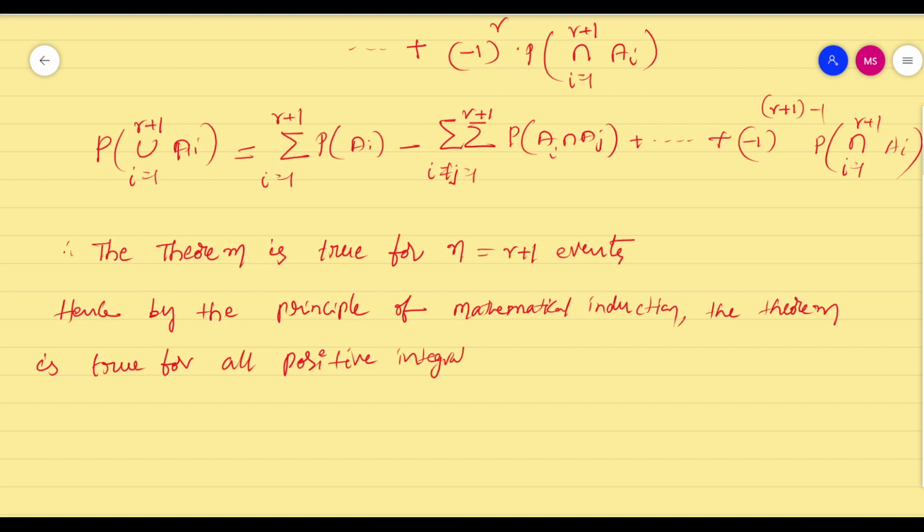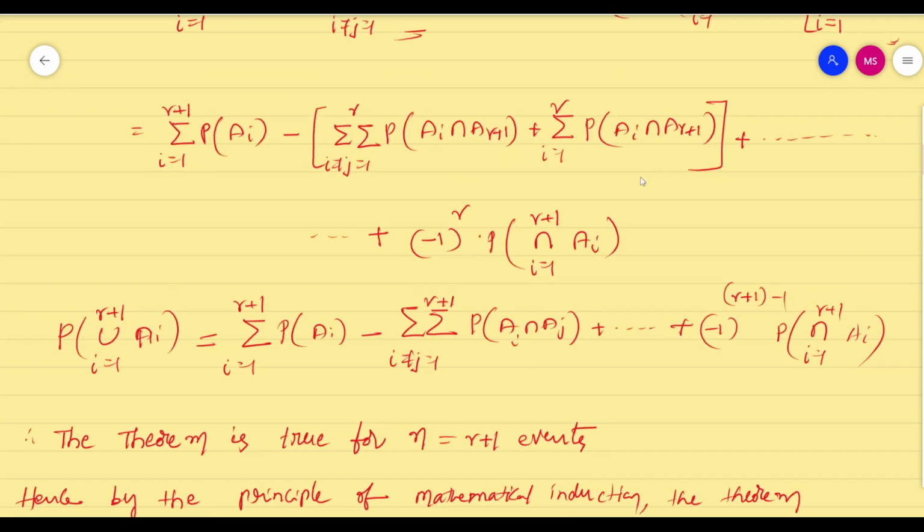Okay, this is the addition theorem for n events.